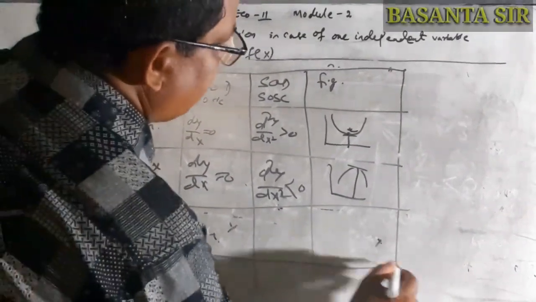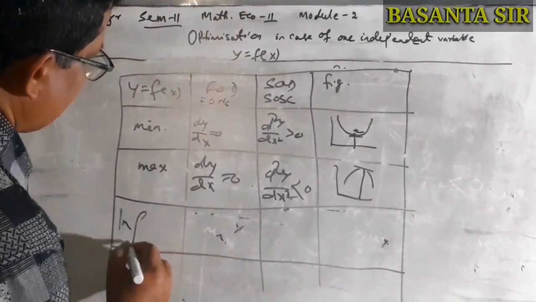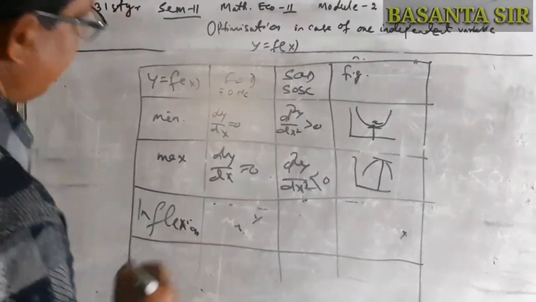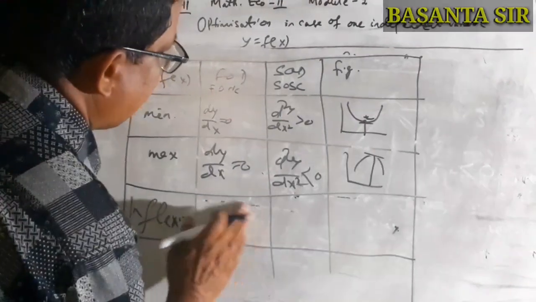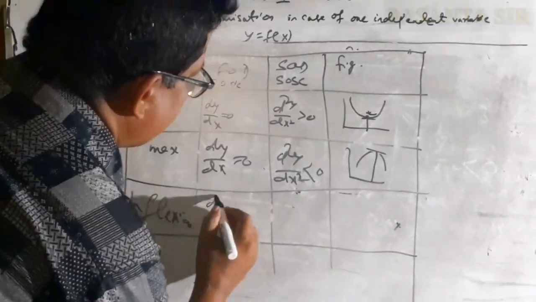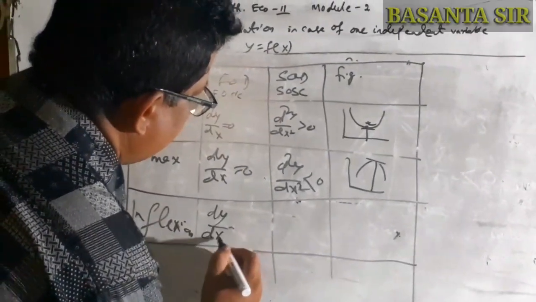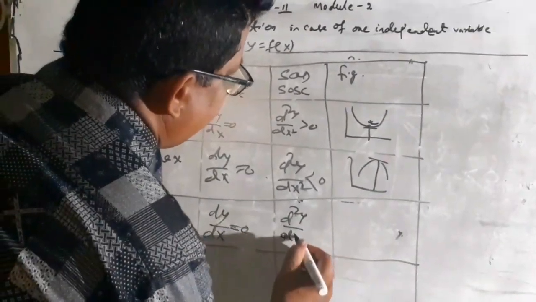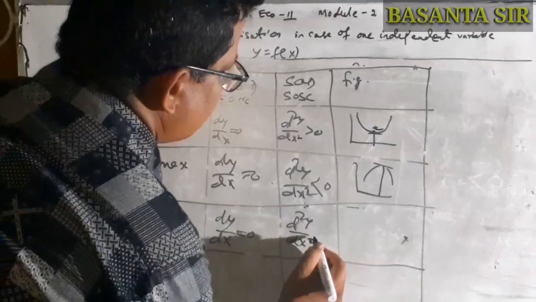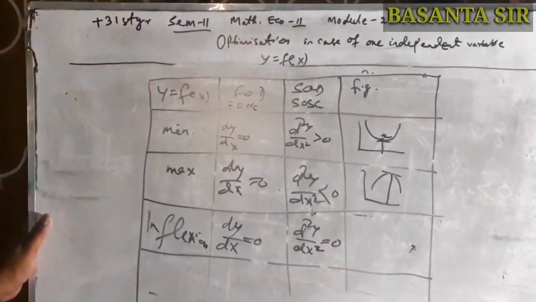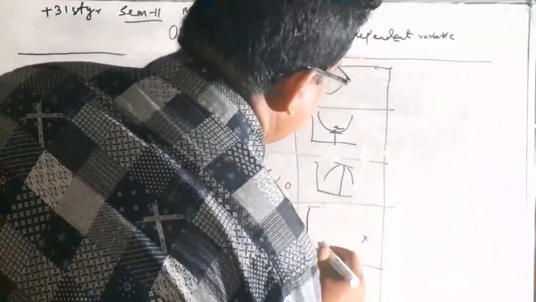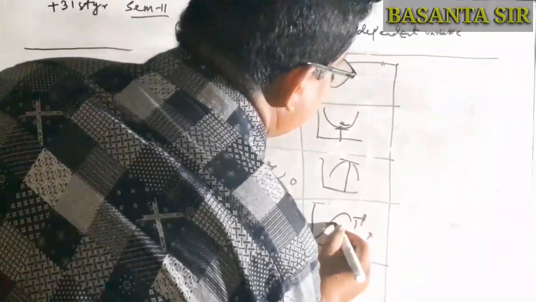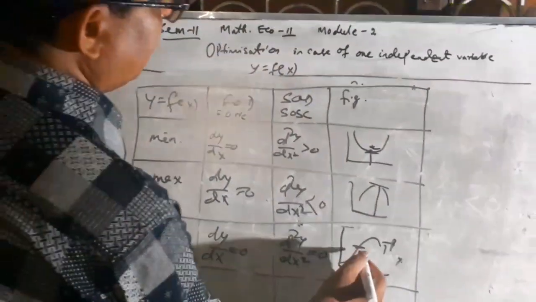What happens at inflection? The inflection point is the point where the first order derivative equals 0 and the second order derivative is also equal to 0. If we draw the diagram like this, this is the total product curve. This is the point of inflection here.